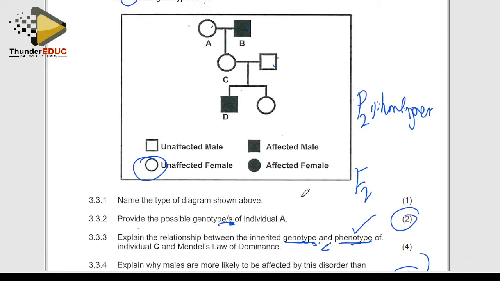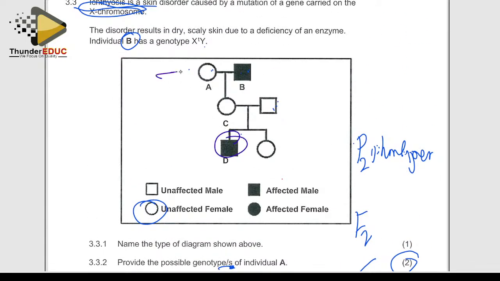They want to know how this individual D inherited it. This is the first generation, and the parents of individual D are in the second generation. Sometimes they say P1, P2, depending on what they have discussed. But using the method I told you, where the examiner sees the answer, this is P2. Why is this individual on P2?